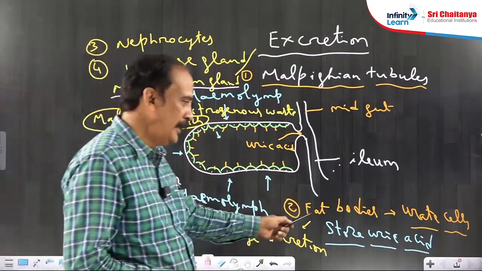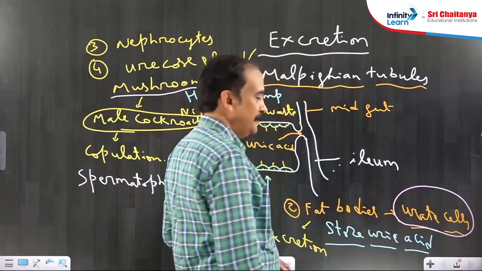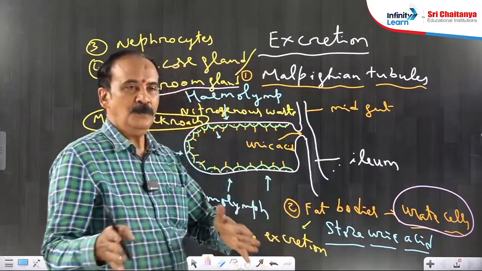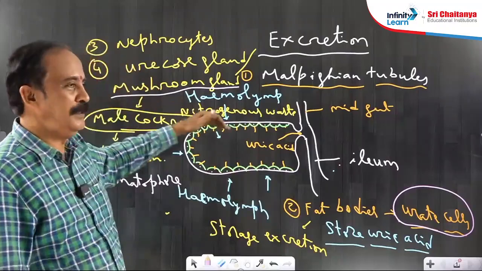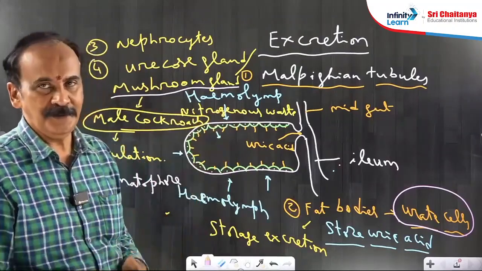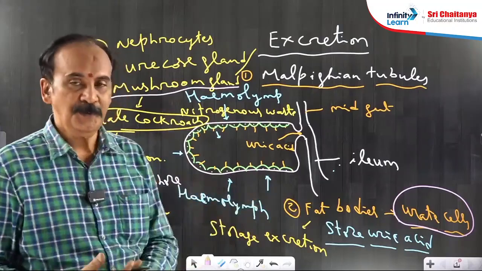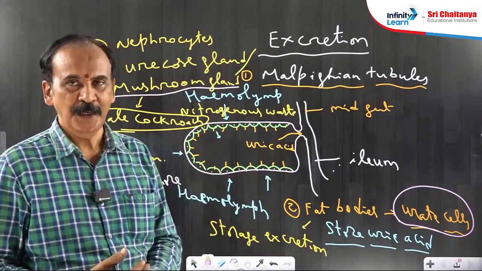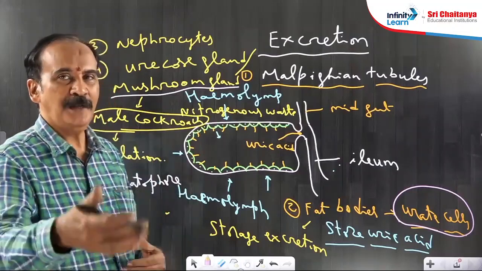Whereas in the fat body excretion carried out by urate cells, this is permanent. This is permanent in the body and cockroach will be having it for life. Whereas the waste stored in the uricose gland, it gets released at the time of copulation. So it is not completely the storage excretion. It will be storing from one mating or one population to another population.